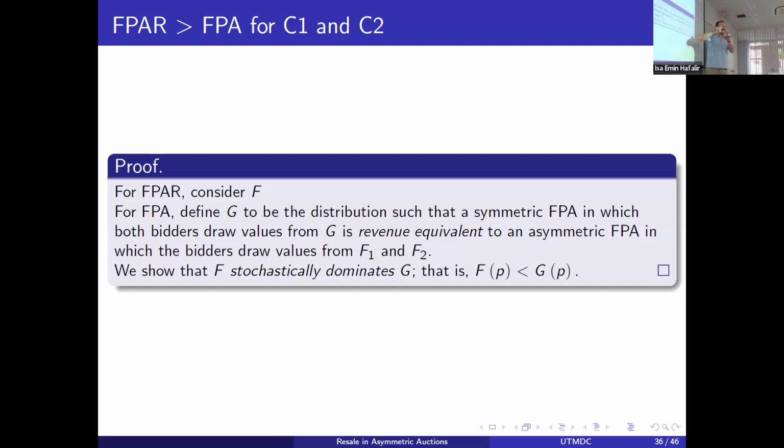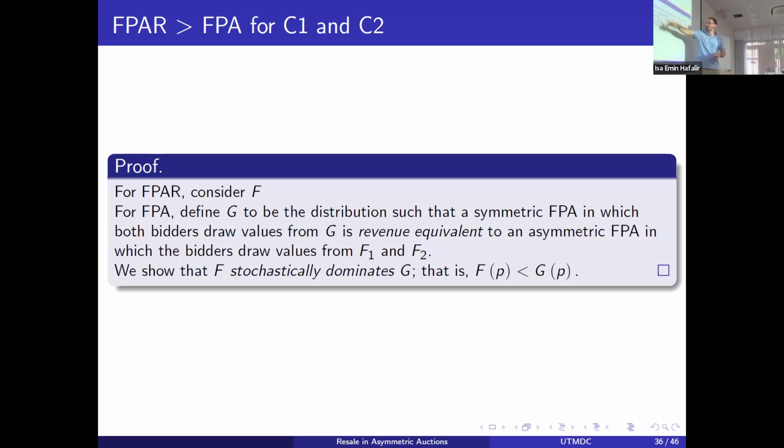So this is to consider the price distribution again for asymmetric auctions without resale, and find the G such that it will have the same price distribution.